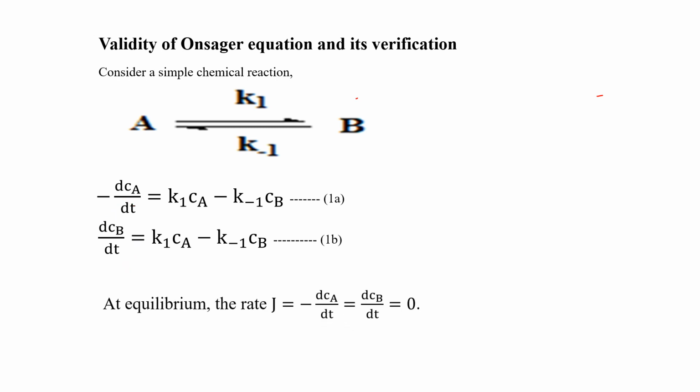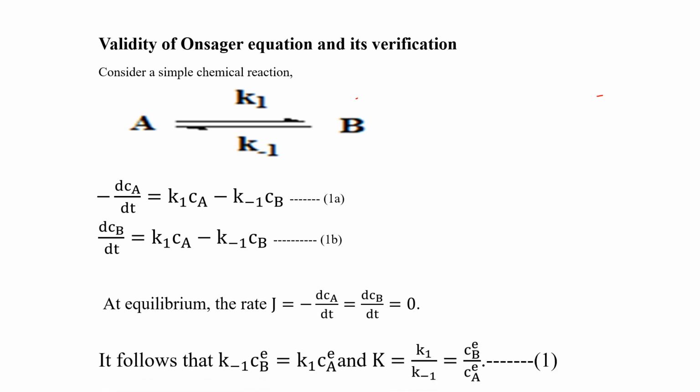Now at equilibrium, the rate J, the rate of disintegration of A, will be equal to the rate of formation of B. So both values will be equal to 0. Equation 1a or 1b, both are the same, and this equation will become 0.